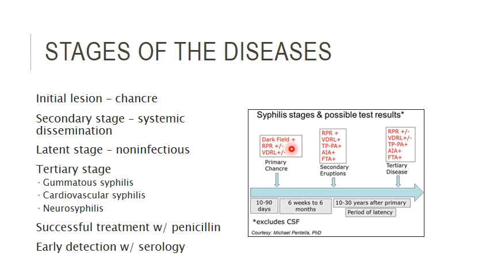You can also use, which is what we do use, the RPR and the VDRL. Now, you do have a chance that those will be negative. You'll note that it's not necessarily a 100% positive test. They do require some antibody levels. So it is possible, if you test too quickly, that you could miss a positive. And that's one of the reasons why you see that this arrow is not at the beginning of this line, okay?